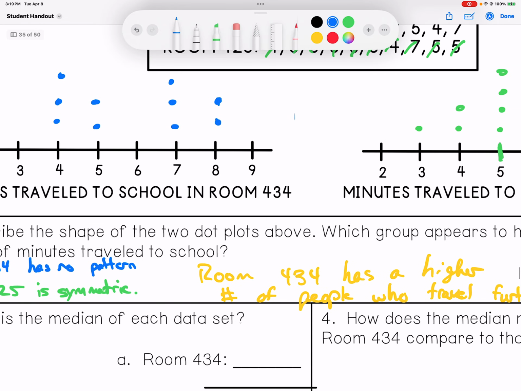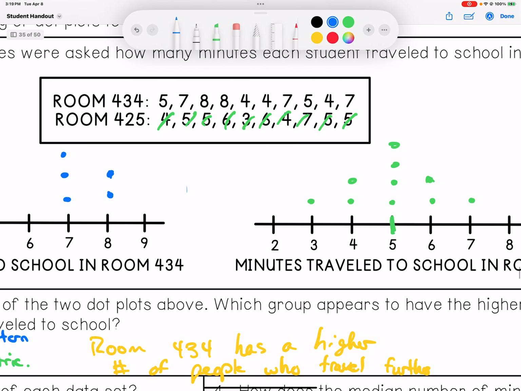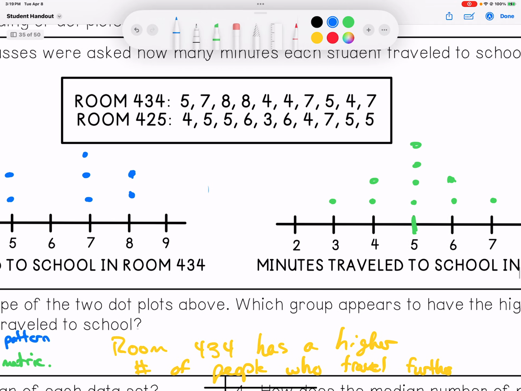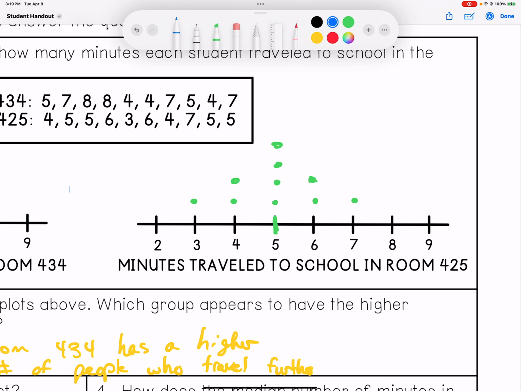We have to rearrange the data, from smallest to largest, and we have to do that on both of them. So on the 434, I'm going to do it up top right here, and the green one, 425, right there.